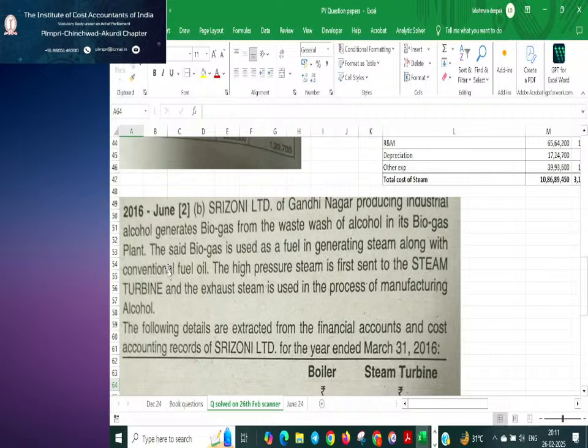So this biogas is utilized here in generating steam along with the conventional fuel oil. Conventional fuel oil in the sense, apart from the normal fuel, they also use this biogas as a fuel to burn, to heat the water and convert it into steam. So here biogas is a byproduct or a main product?